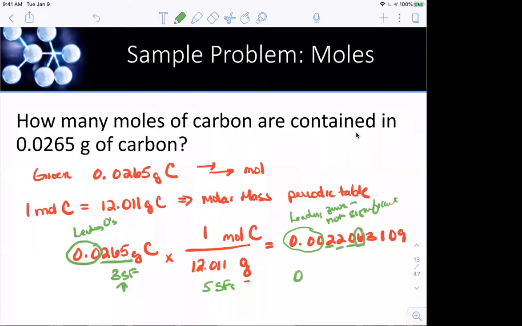I'm going to get 0.00221 mole of carbon. Once I start getting these 2, 3 leading zeros, I might want to convert this into 2.21 times 10 to the minus 3rd mole of carbon. When my numbers get really, really large or really, really small, I start to think about maybe using scientific notation as a better way to convey that number.